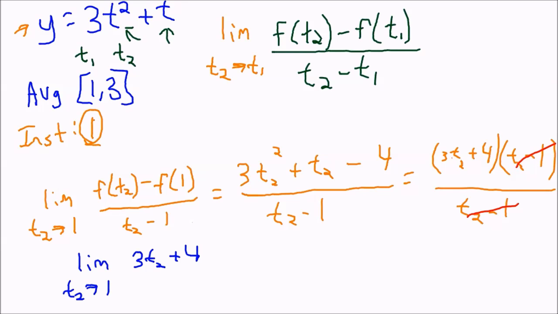Now when we evaluate this function at this limit, I'm going to have 3 times 1 plus 4, which is 7. And that is how we find the instantaneous rate of change.